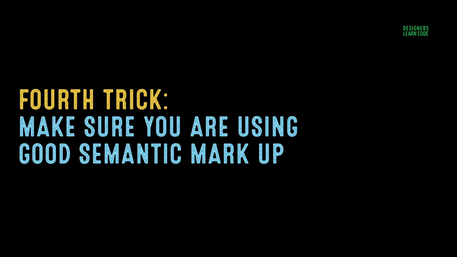And then a fourth quick trick is to make sure that you're using good semantic markup. What does that mean? So semantic markup introduced elements that actually describe the role of that element on your web page.